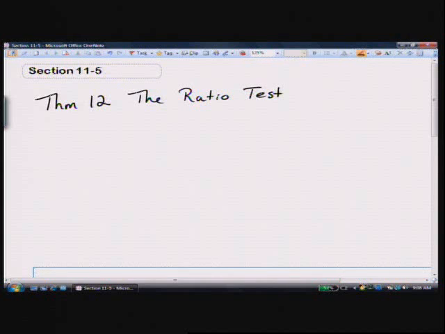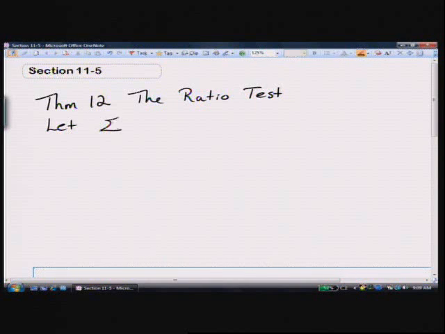And what it tells you to do is kind of like when we were looking at geometrics and to figure out what the r was when you looked at a geometric series, or to determine even if it was geometric, you looked at the next term divided by the previous term to find the ratio.